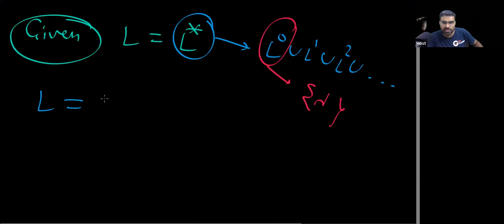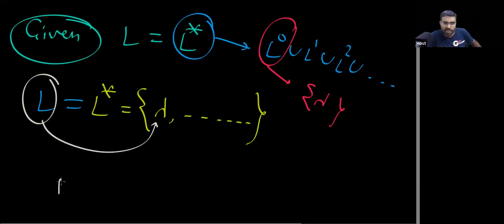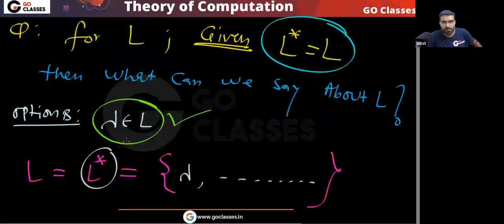So this L will definitely contain empty string. This L is the same as L star, and L star definitely contains empty string. So I can say L also contains empty string. Definitely, empty string will belong to L.